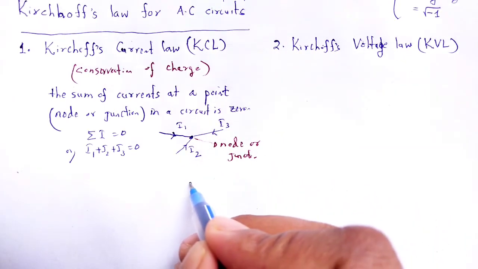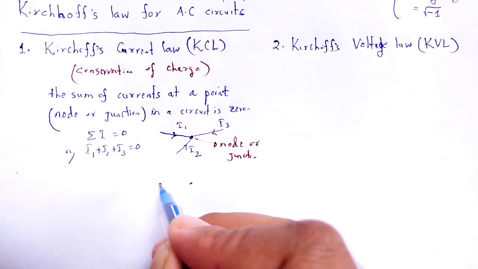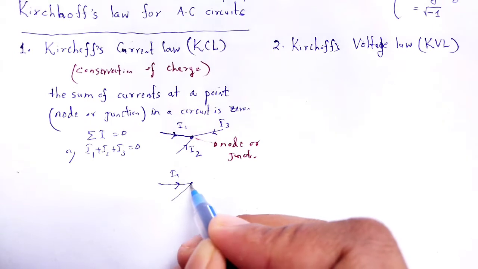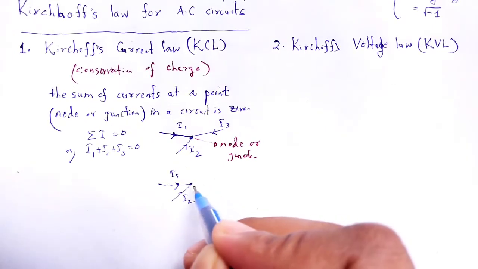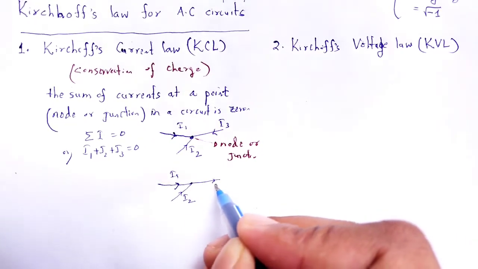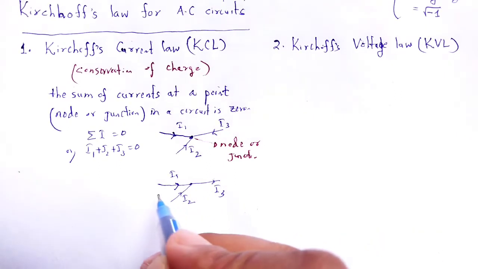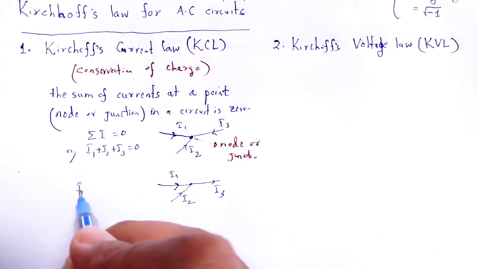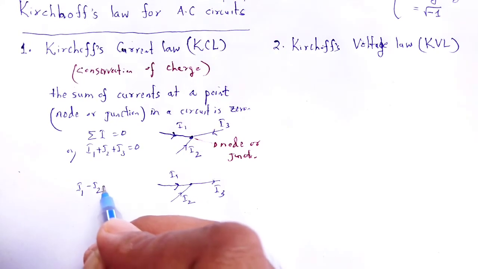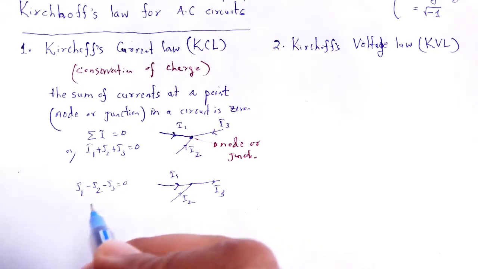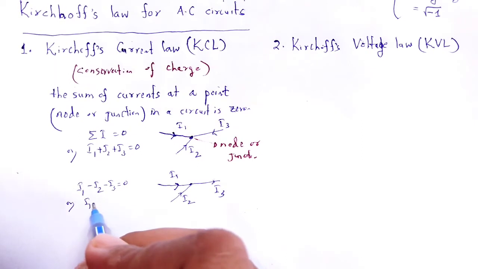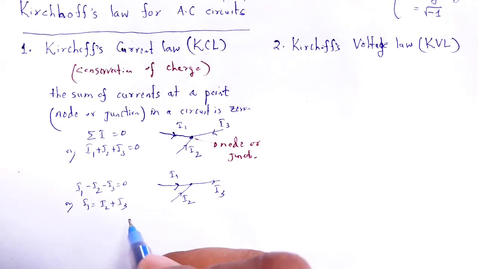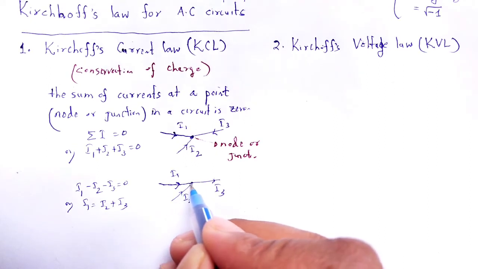Let us take a circuit here where current I1 enters, current I2 enters and I3 exits. In that case, I1 is taken as positive, I2 taken as negative, I3 taken as negative is equal to 0, or I1 is equal to I2 plus I3.